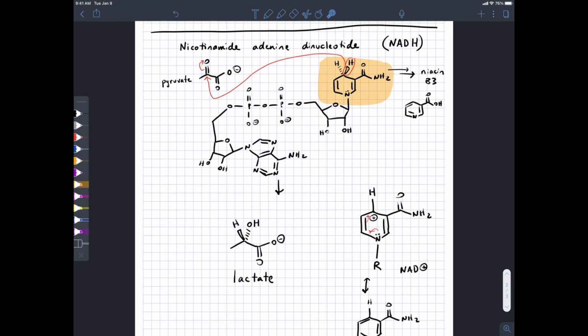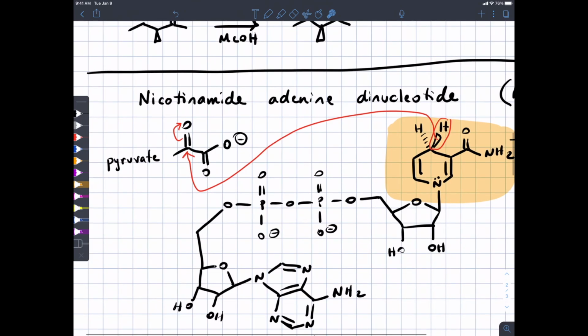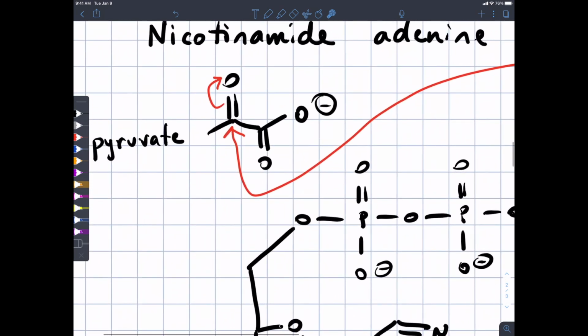Go ahead. In the pyruvate reaction, why does the hydride break up that pi bond instead of the other one? Yeah. The reason is, remember, you're attacking the anti-bonding orbital of the carbon-oxygen pi bond, and mostly that's at this carbon.